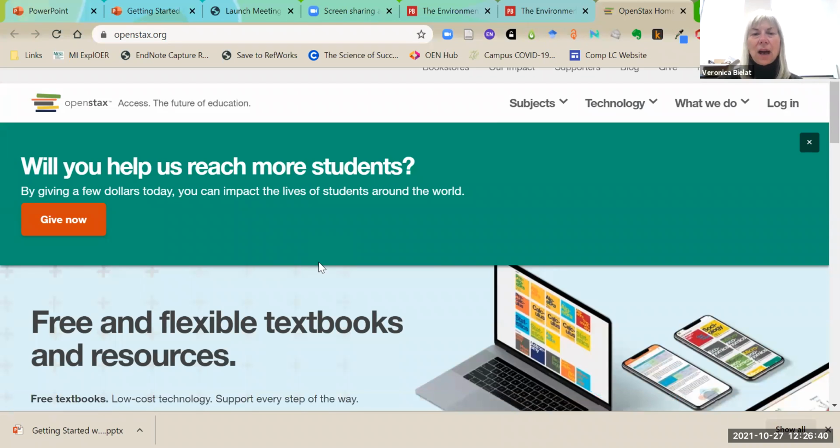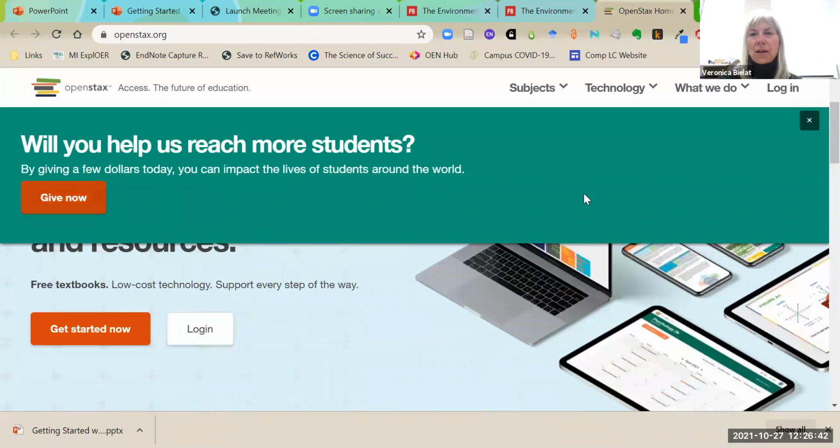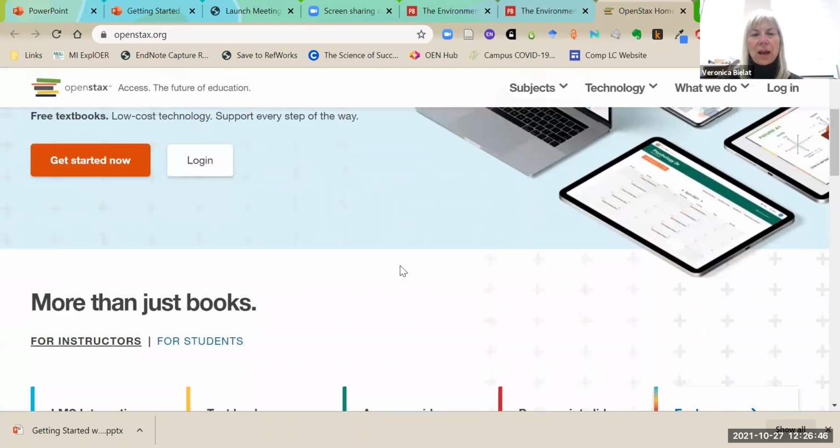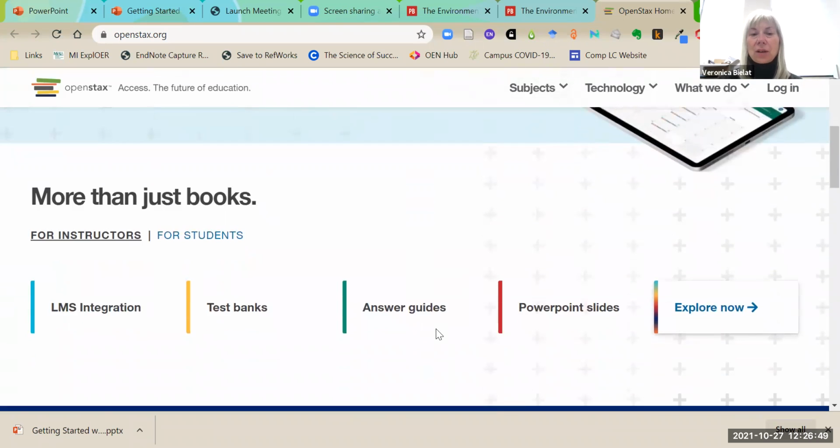Okay, so this is what the OpenStax site looks like. They have open textbooks available in a number of subjects. If you create an account here, you have access to lots of resources. They have test banks, answer guides. They have a full LMS integration.